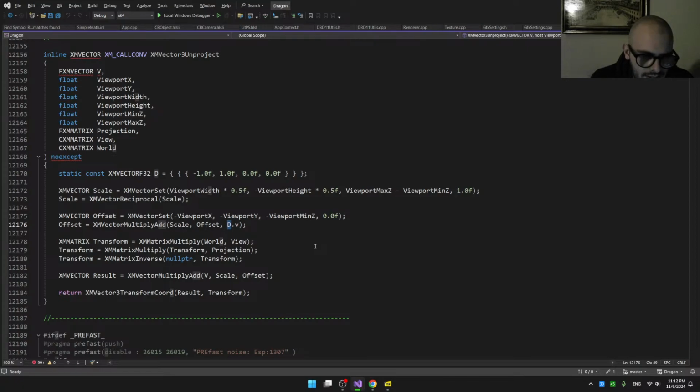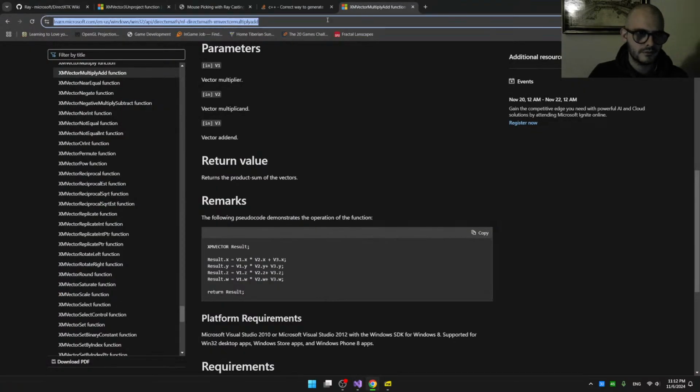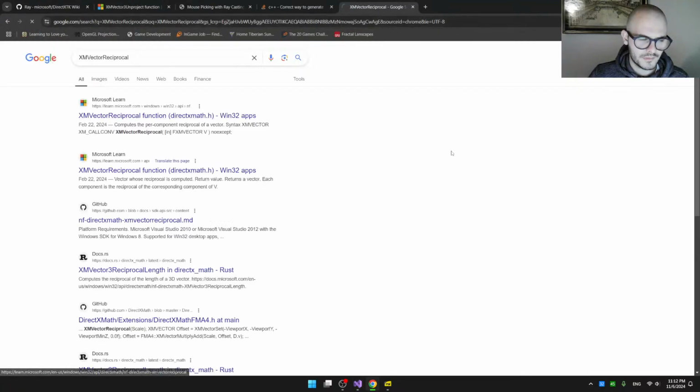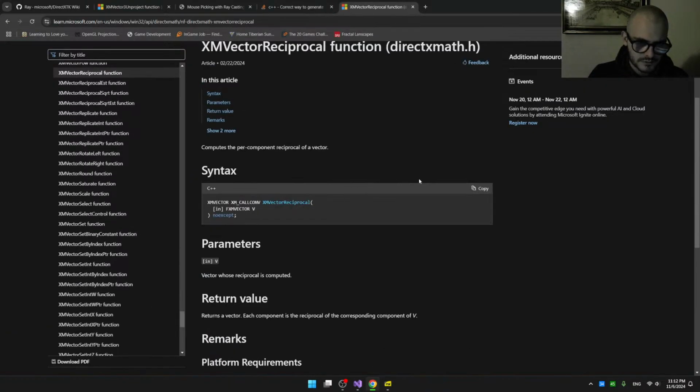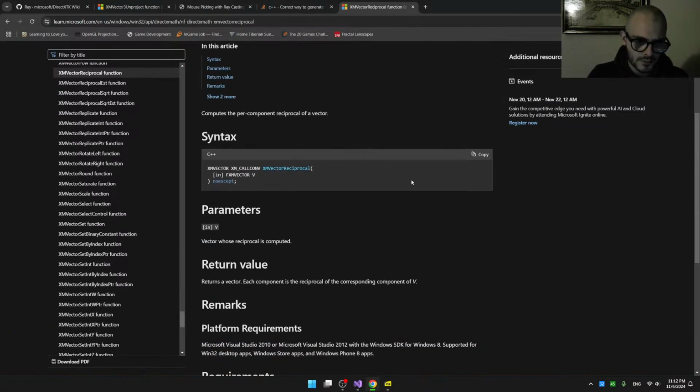So the scale, the reciprocal, per component reciprocal.